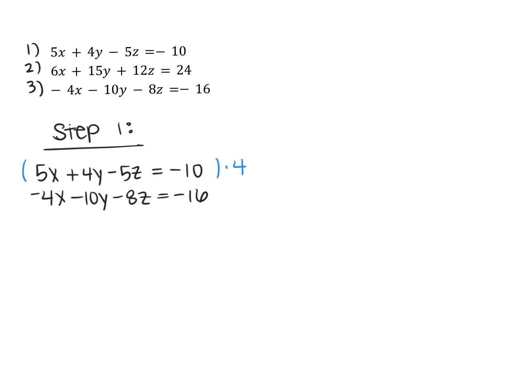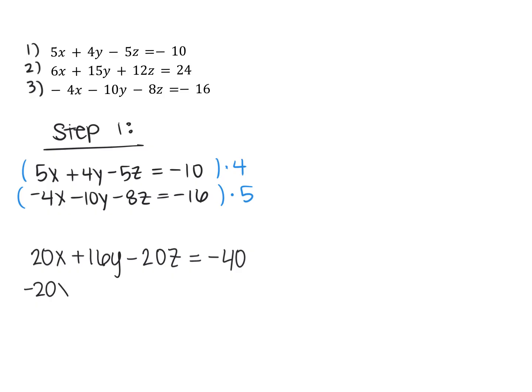So I'm going to multiply the first equation by 4 and my second equation by 5. So we're going to get 20x plus 16y minus 20z equals negative 40, and negative 20x minus 50y minus 40z equals negative 80.